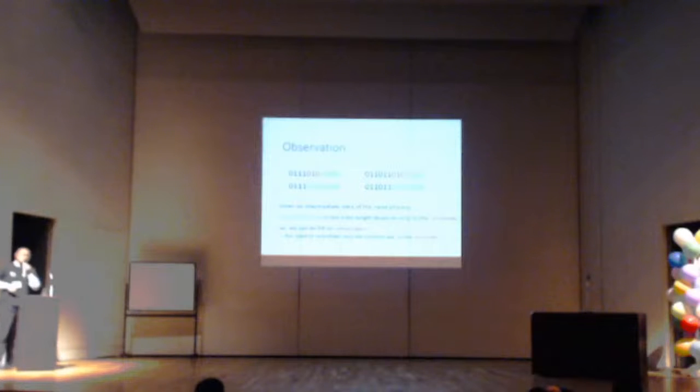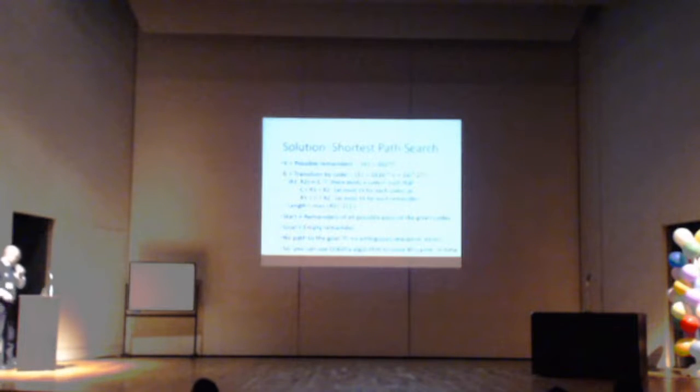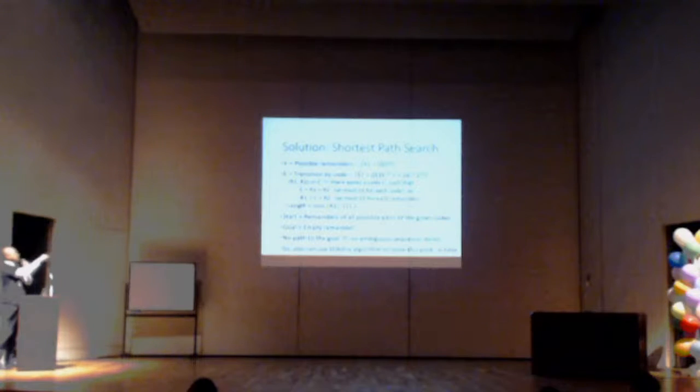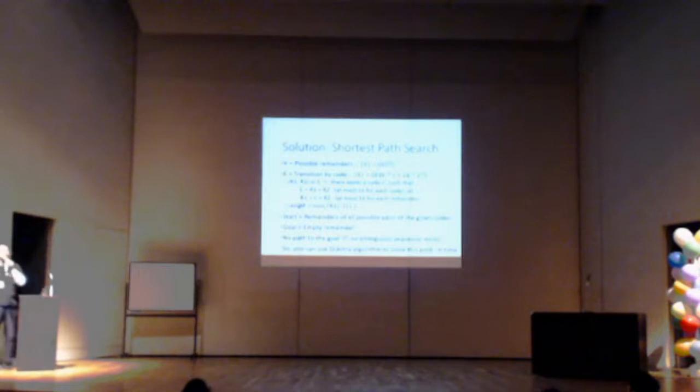So this observation leads us to a DP algorithm in which we use these remainders as our states. Actually, it's simply a shortest path problem. Here is a graph. The vertices are the set of possible remainders, and actually we have only 2 to 60.